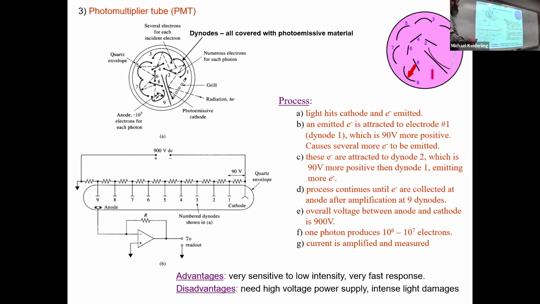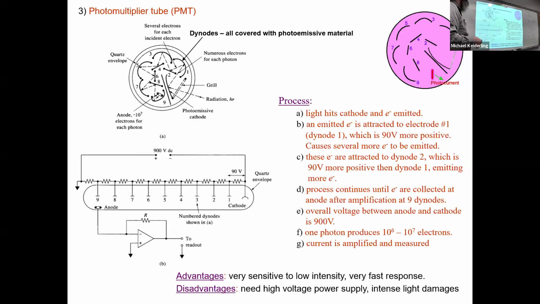You need a very high voltage because of the whole chain. Let's say you have this chain with 9 dynodes. That whole chain to the final anode requires 900 volts, and the overall voltage between the anode and the cathode is 900 volts.